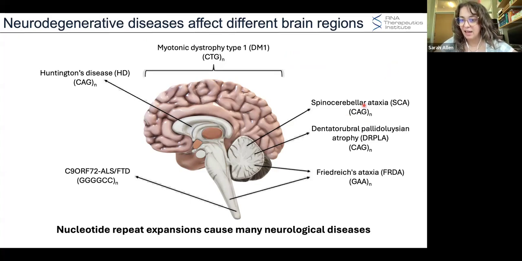So SCA and DRPLA are both other disorders that impact the central nervous system and are caused by CAG expansions. And CAG expansion disorders are not the only disorders that are caused by somatic repeat expansion. We have other disorders such as C9orf72, myotonic dystrophy type 1, and Friedreich's ataxia that are all caused by repeat expansion of a specific repeat and cause neurological disease.